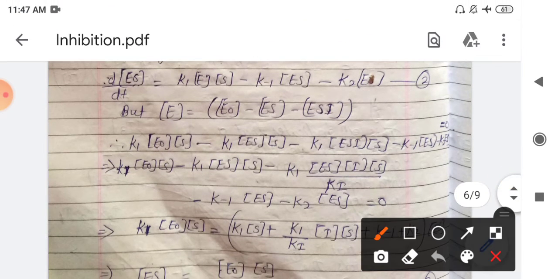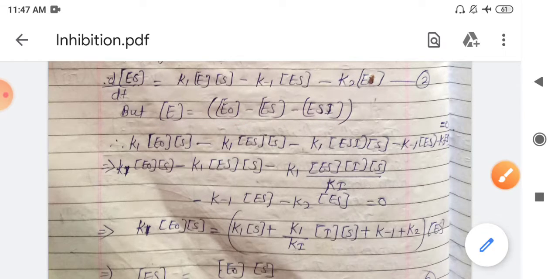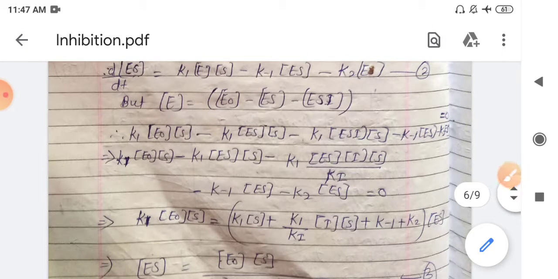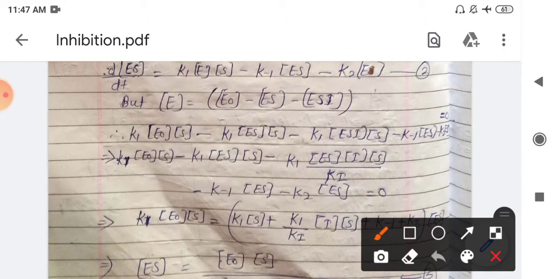But we know that the free enzyme E is the total enzyme, that is E0 minus the enzyme substrate complex minus the enzyme substrate inhibitor complex. So we need to substitute that value of E in the given equation.